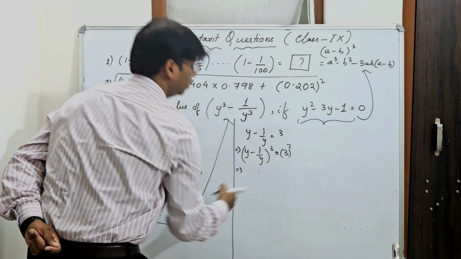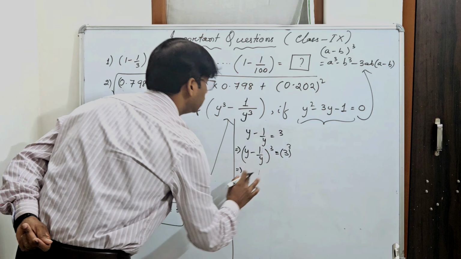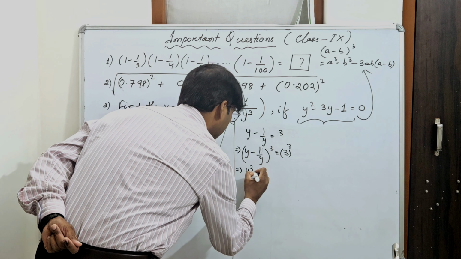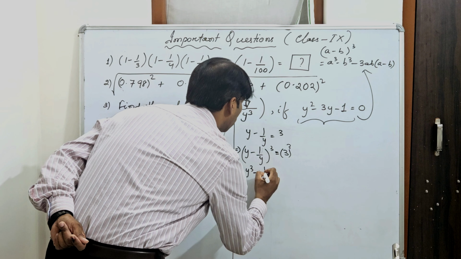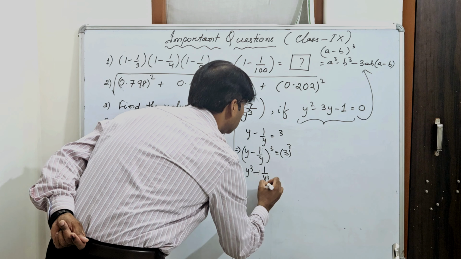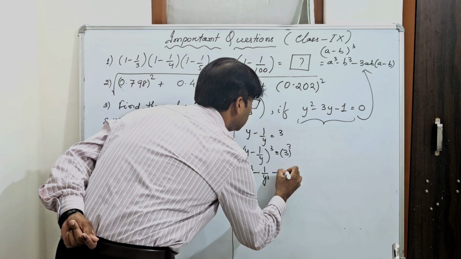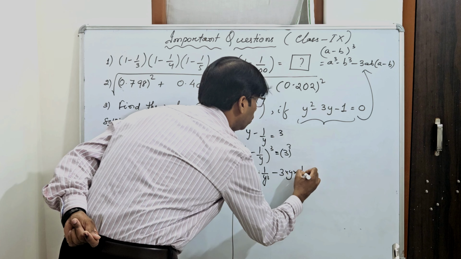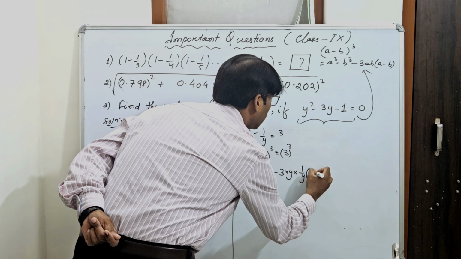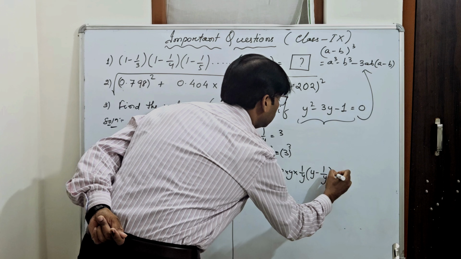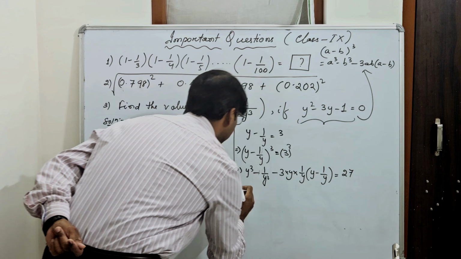Then if you use this identity (a − b)³, it will be y³ − 1/y³ − 3 × y × 1/y × (y − 1/y) = 27.